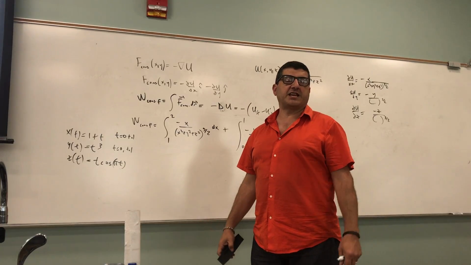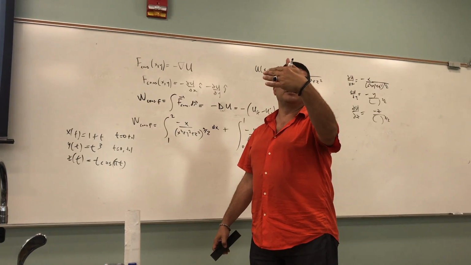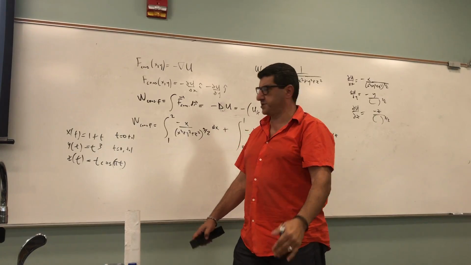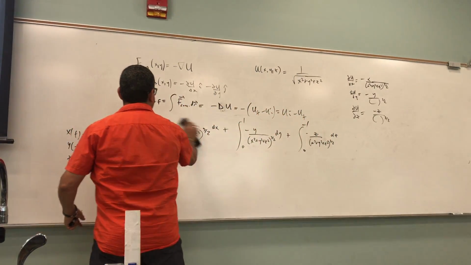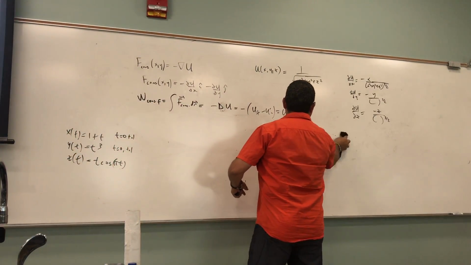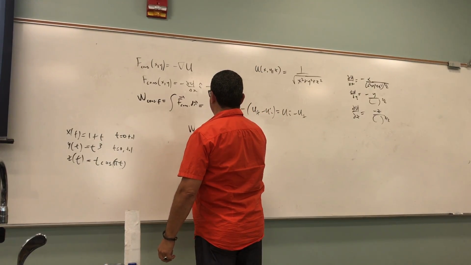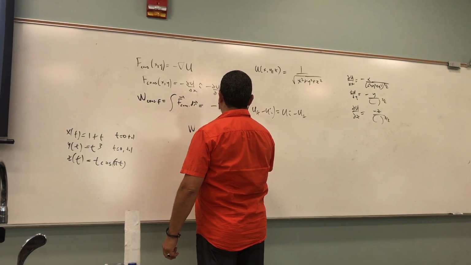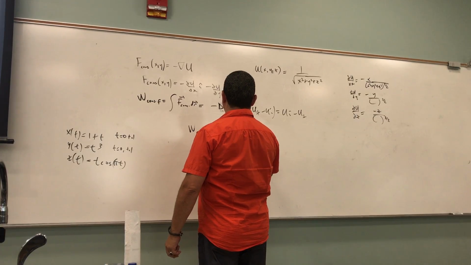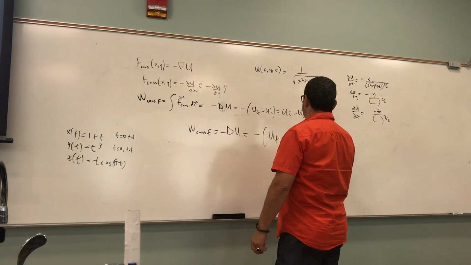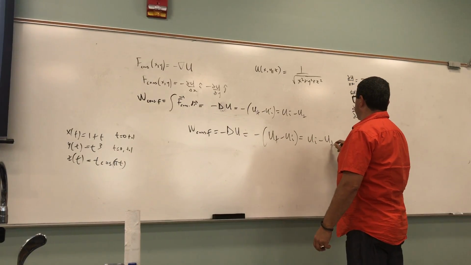Then we can just say minus the change in potential energy of that function associated with that force. Okay? So then we can say the work of the conservative force is minus the change in potential energy. In other words, minus potential final minus potential initial, which is potential initial minus potential final.